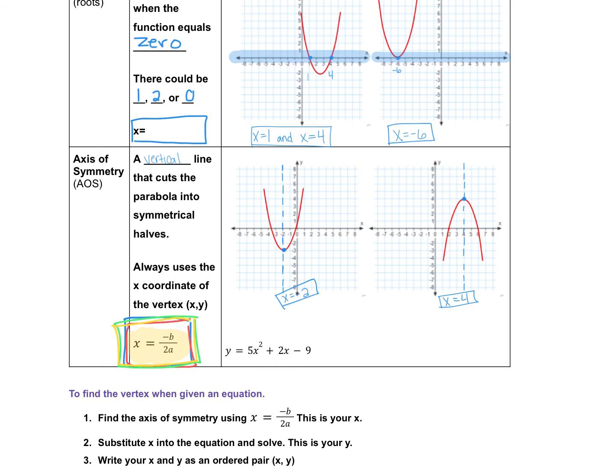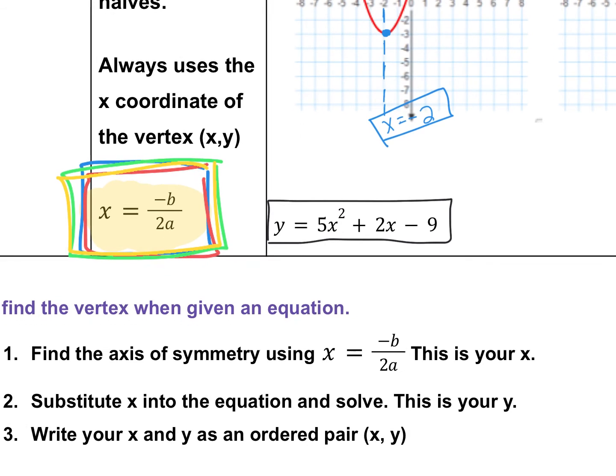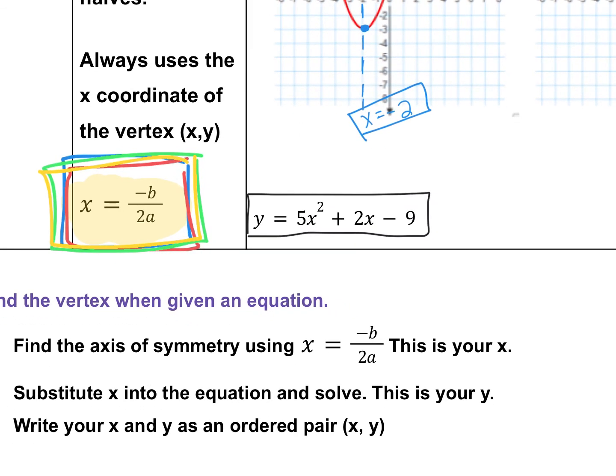Okay. So let's use an example here. When we only have an equation, like this one right here, it's already in standard form for us. When we worked last semester, we already know how to find my a. In this case, it's 5. My b, which is 2, and my c, which is -9. So I have those three letters, and then I'm going to use my formula.